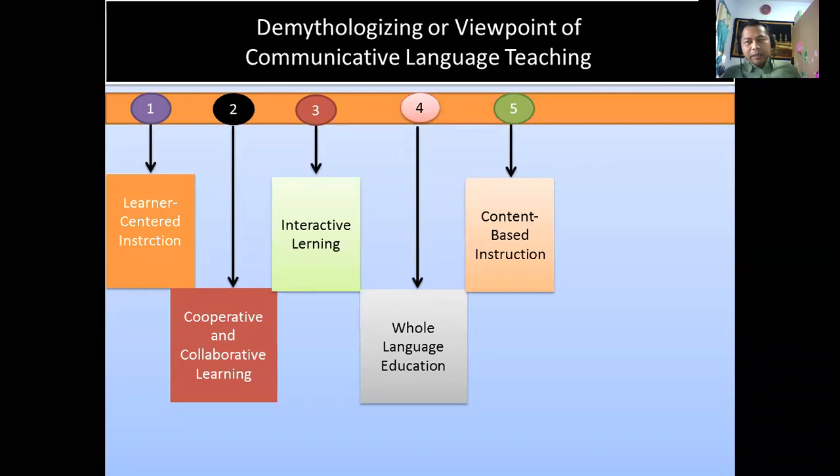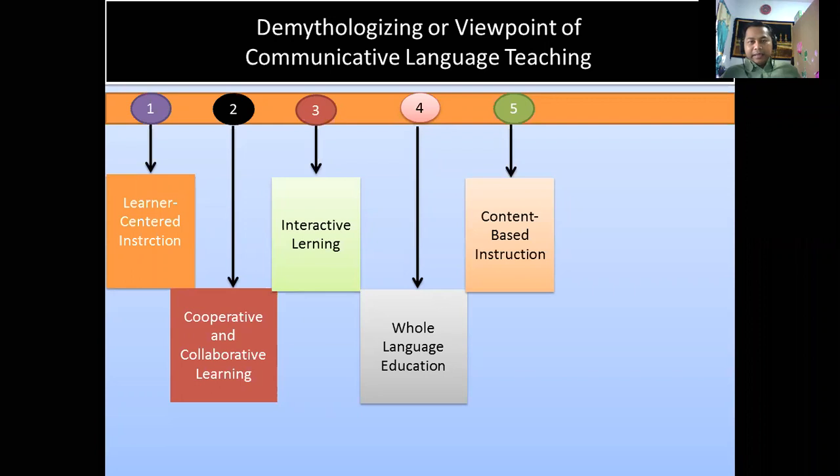If you still remember, in the 2000s, 2005, 2006, 2007, Indonesian education at that time implemented what was called the international standardized school, sekolah bertaraf internasional.